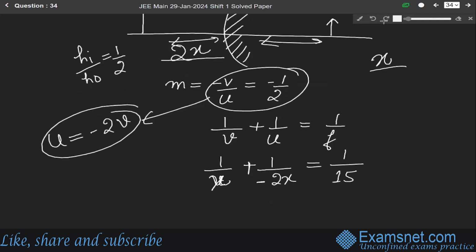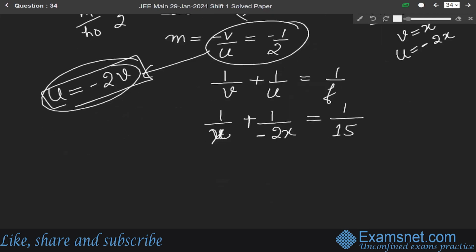So if the distance of image is x, we can write the distance of object as minus 2x from this relation. So we write 1 over x plus 1 over minus 2x equals 1 over 15.